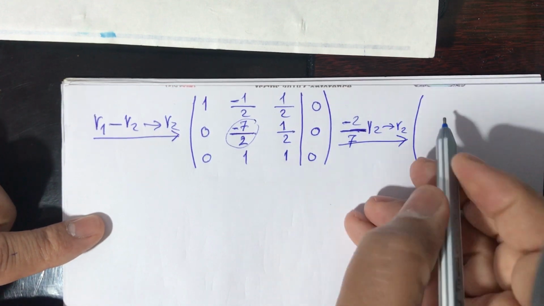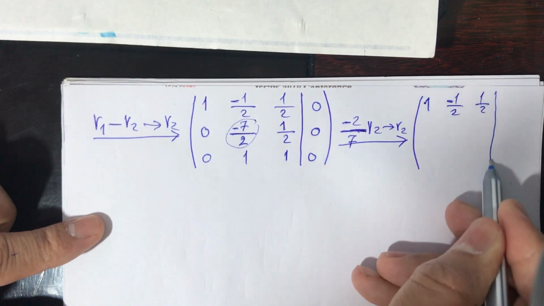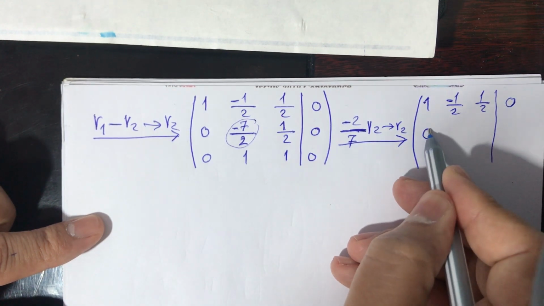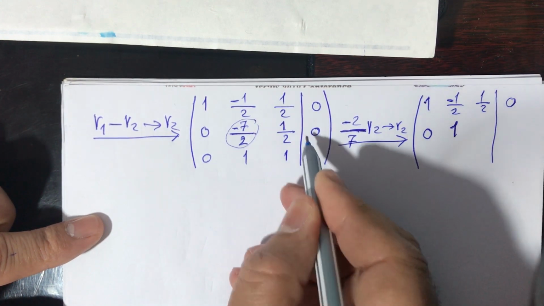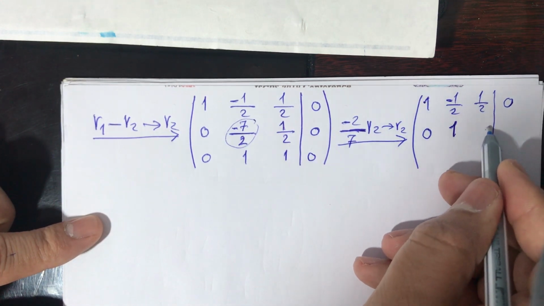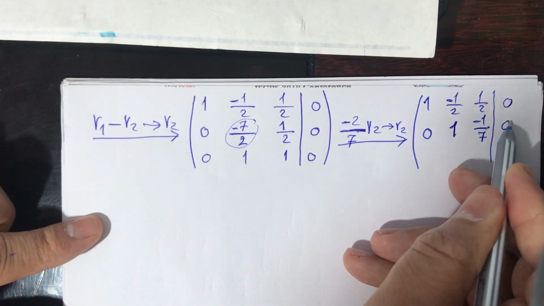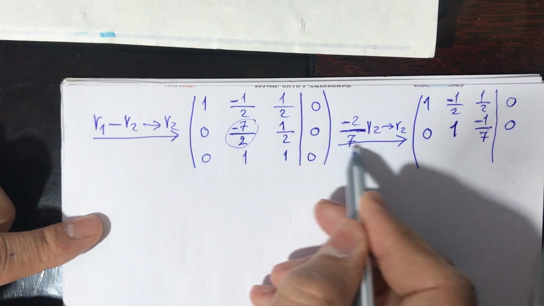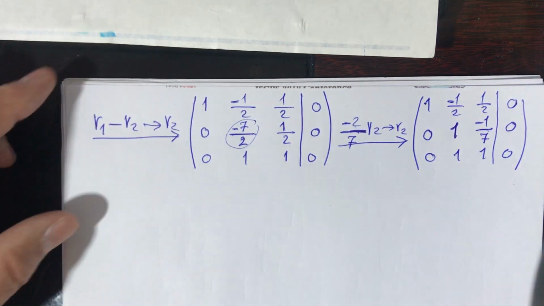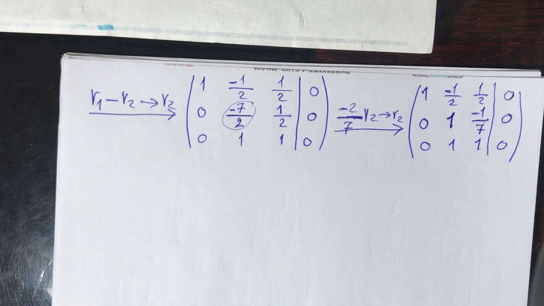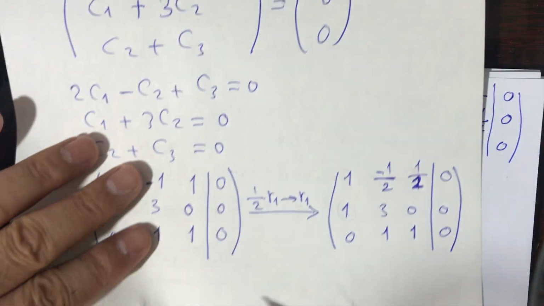This will be here 1, minus half, half, 0, and here 0, 1, minus 1 over 7, and here 0, because this is moved, and here 0, 1, 1, 0. Now, this is page number 3.